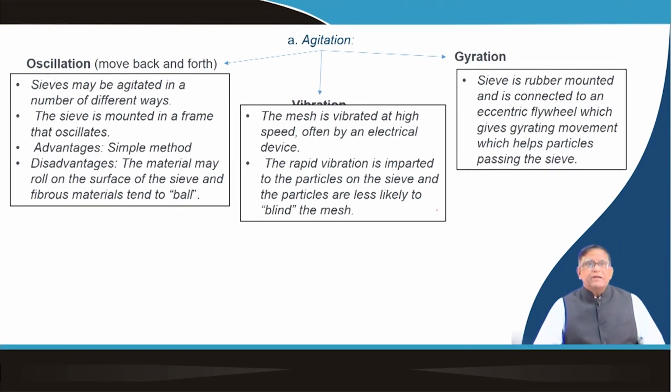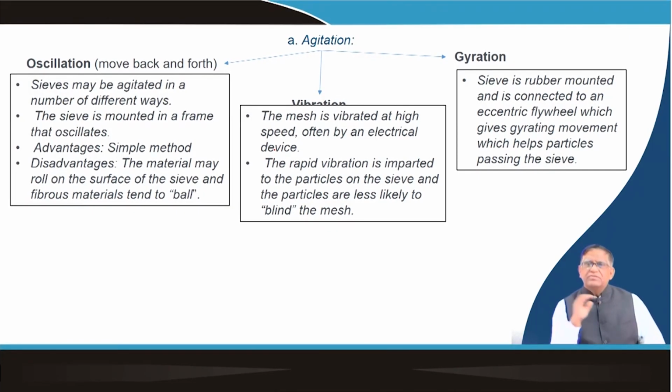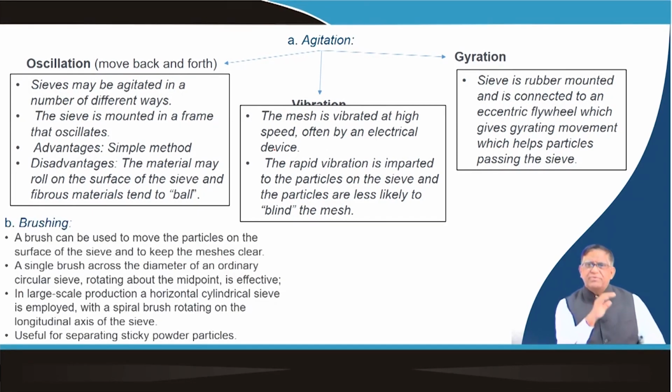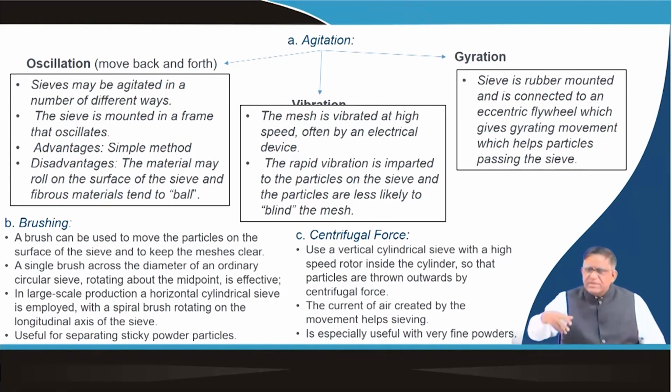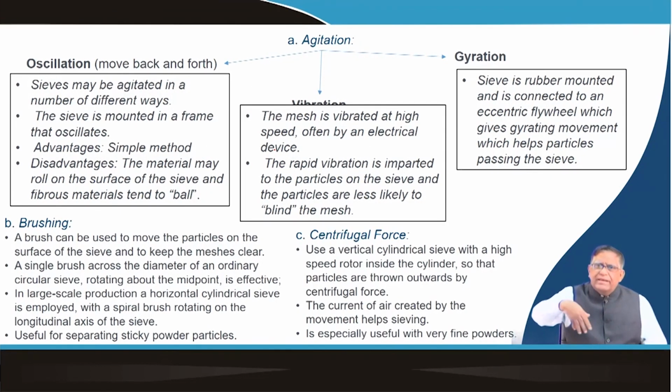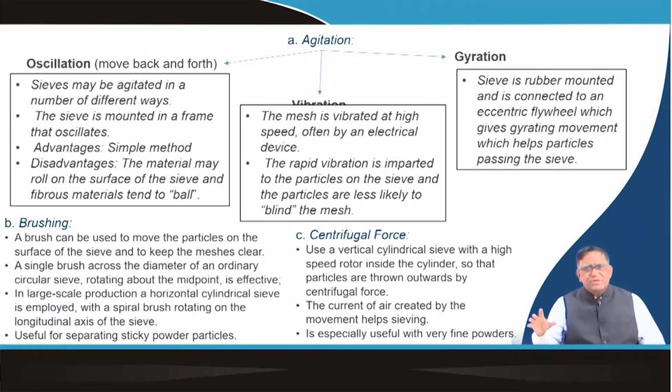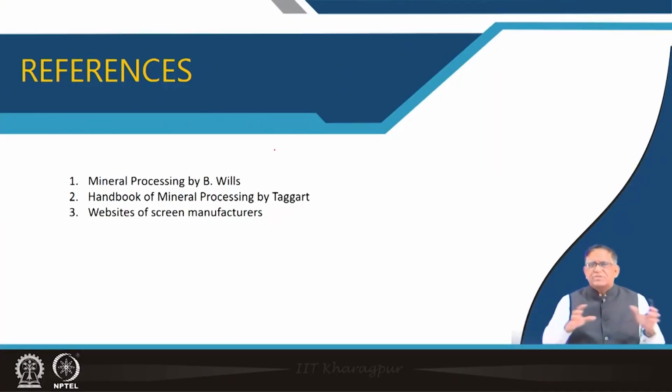In oscillation, the sieve is oscillating all the time like that. In vibration, the sieve is given a vibration like this, and in gyration the sieve is rotated like that. Brushing means you go on handling with a brush, and in centrifugal force the sieve rotates. These type of arrangements are there in different systems.